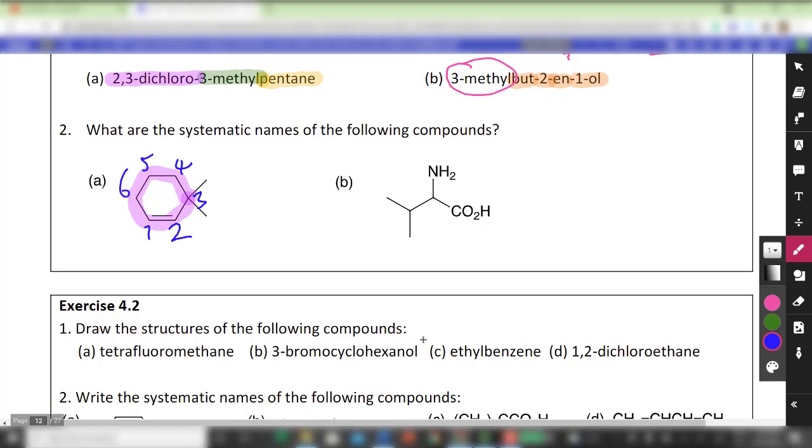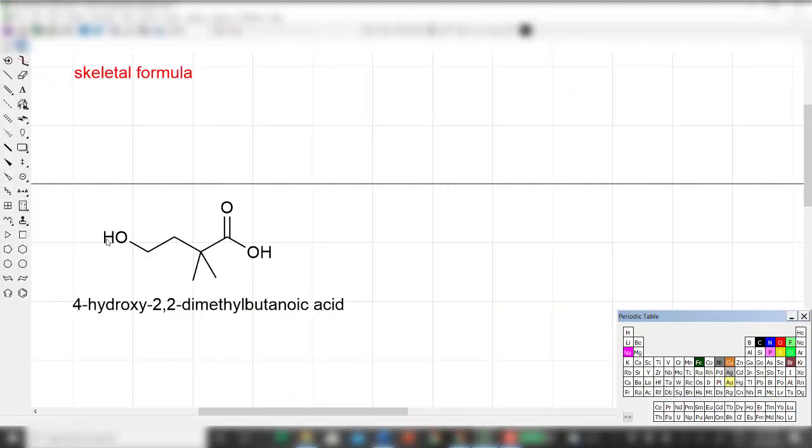So this is a cyclohexene with the third position having 2 methyl groups. We call this 3,3-dimethylcyclohexene. If you are in doubt, we can always use ChemDraw to double confirm the naming.